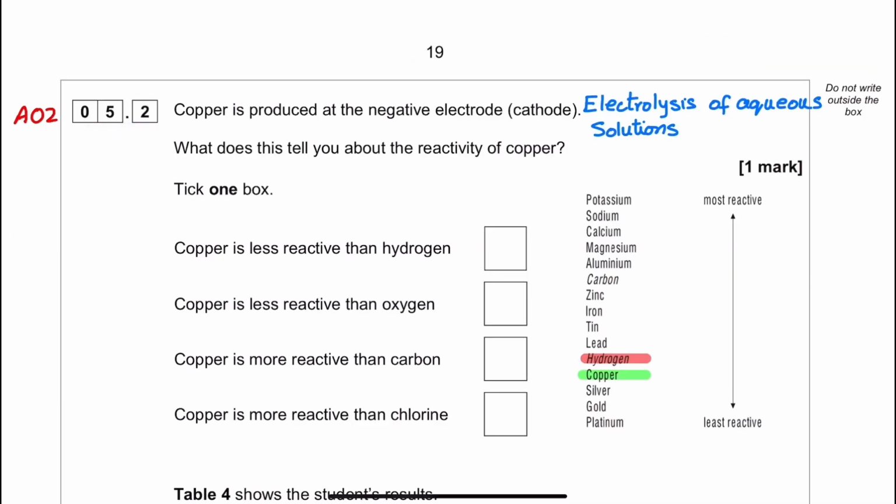5.2, which is an AO2 question, is from electrolysis of aqueous solution. Copper is produced at the negative electrode, which is called the cathode. What does this tell you about the reactivity of copper? Tick one box from these options.